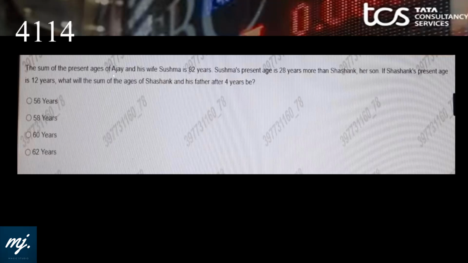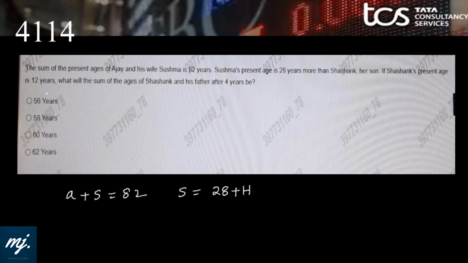The sum of the present ages of Ajay and his wife Sushma is 82 years. Sushma's present age is 28 years more than Shashank, her son.